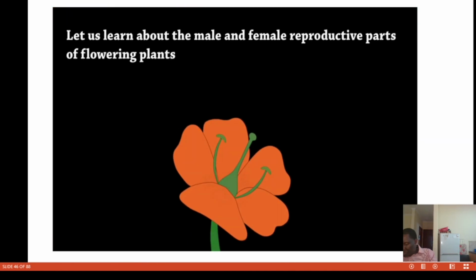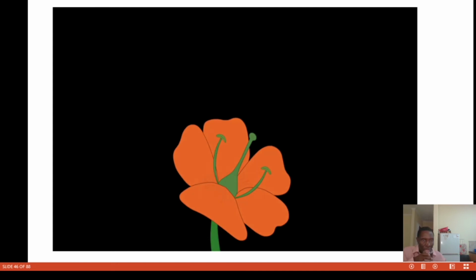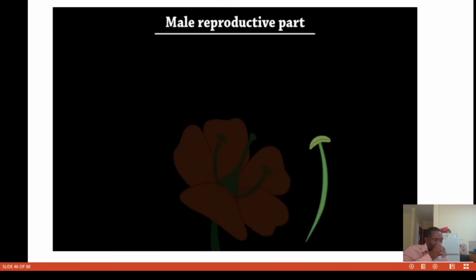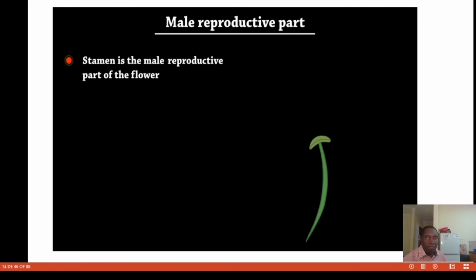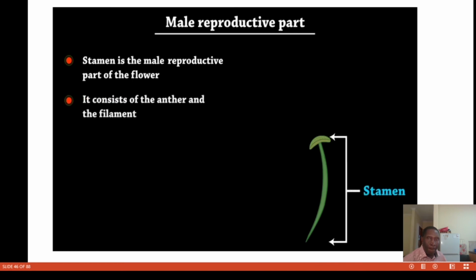Let us learn about the male and female reproductive parts of flowering plants. Stamen is the male reproductive part of the flower. It consists of the anther and the filament.